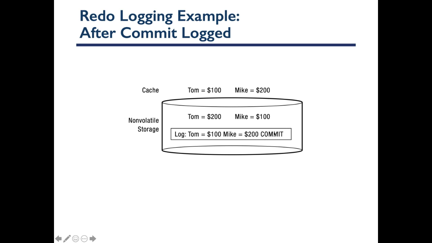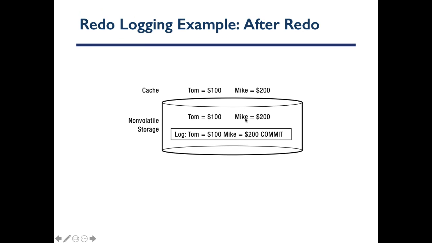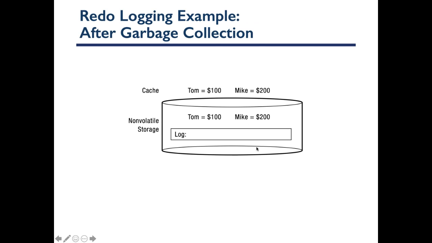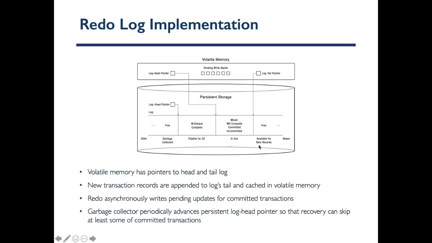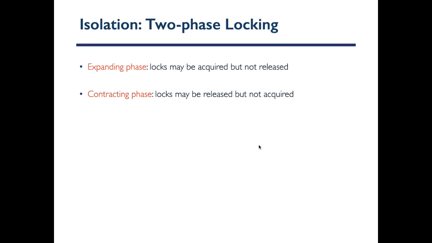So after this commit, it's now safe to write your logs to your data. And once this is done, you can garbage collect. You can just remove them all from your log file. Here is a slide on details of how you can implement this. I'm going to move on.